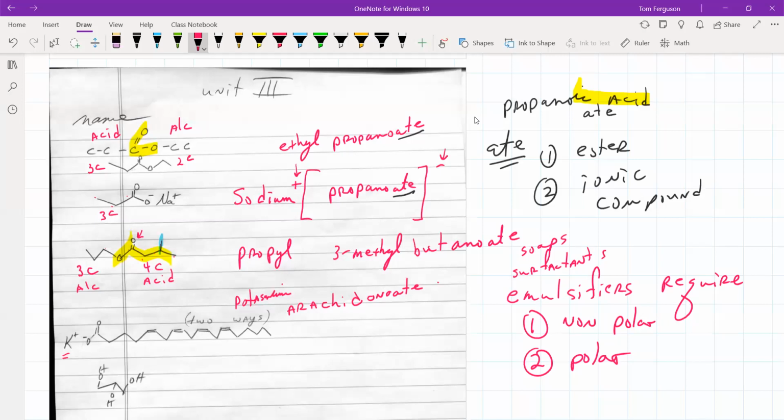Okay, so this is 20 carbons. It'll be 20. And we have 4 double bonds at positions starting here. At positions 5, 8, 11, 14.